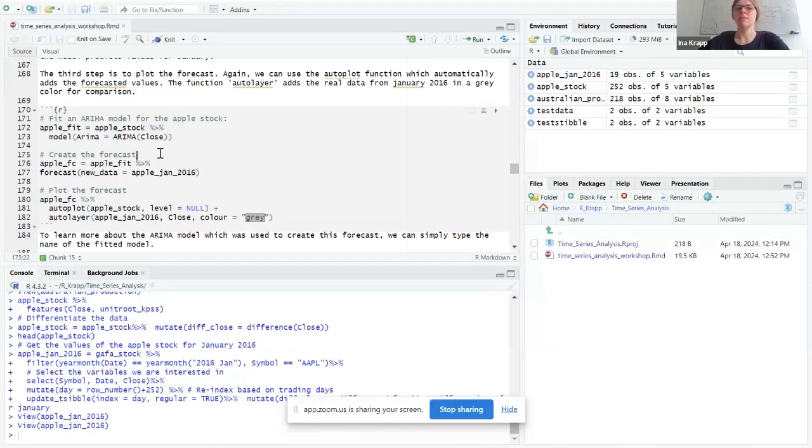Once you have created this fit, you can use it to create the forecast. For the forecast, you need to define how many periods in the future you want to forecast. There are two ways to do this. One way is to define a number of periods we want to forecast. We will do that later. The other way is what I do here. I have some new data and say forecast as many periods as this new data contains.